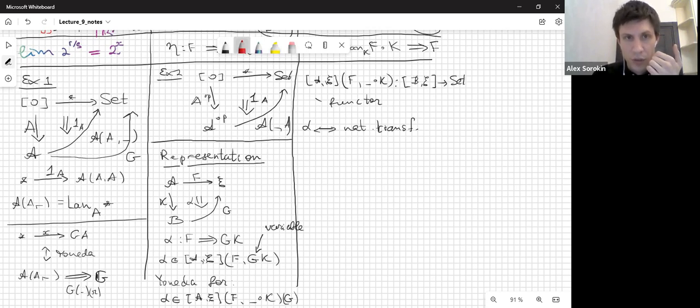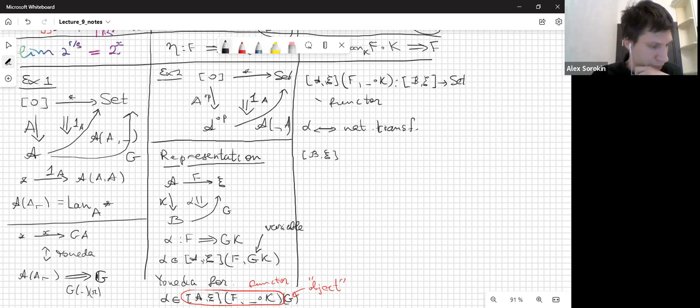Our given functor, I will draw it in red, is this one. I know it's a functor, but for the functor circled in red, this is an object to which the functor is applied. So what natural transformation does alpha correspond to? It is a natural transformation from a representable functor, G comma blank, which is called alpha flat, as we will call it, to the hom in the functor category from A to E, from F to blank composition K.